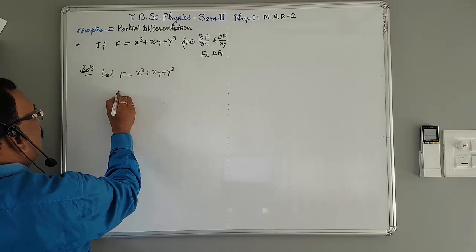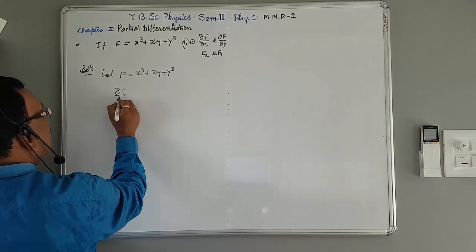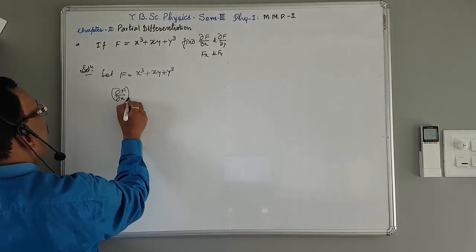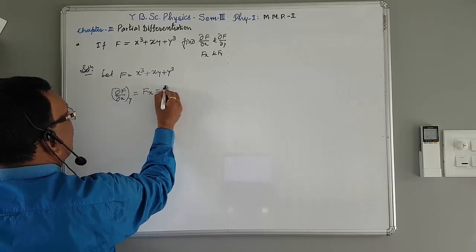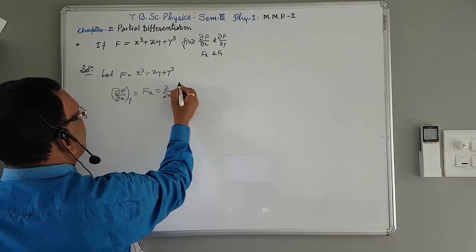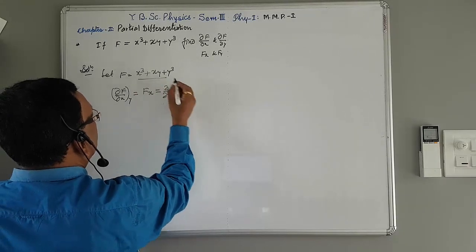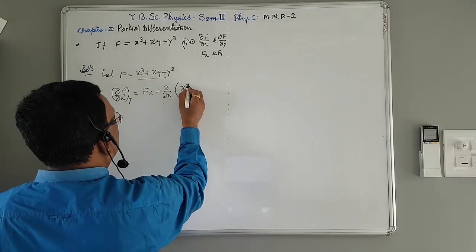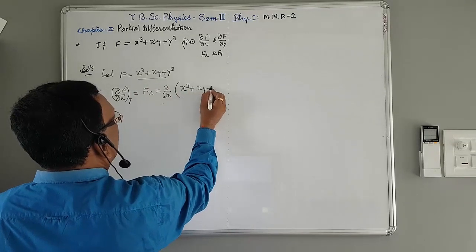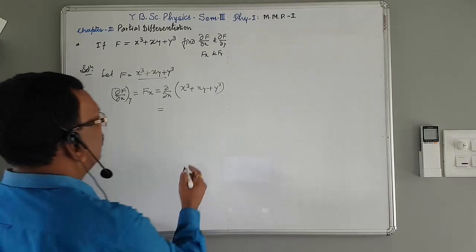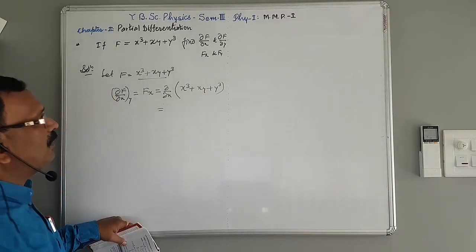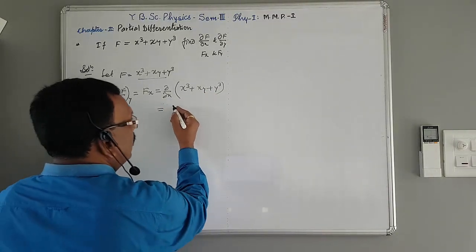Then the first order derivative of this function f with respect to x keeping y constant is fx = ∂/∂x of (x³ + xy + y³). What is the differentiation of x³ with respect to x?